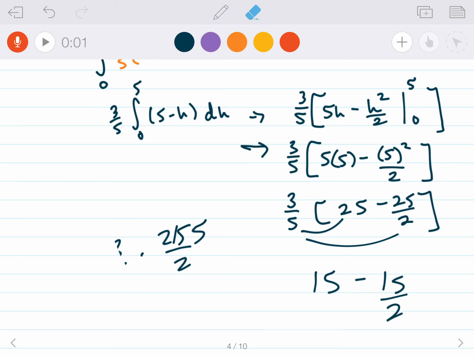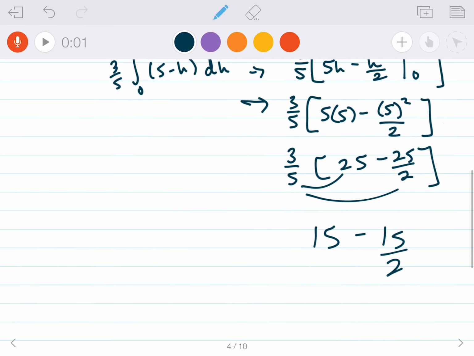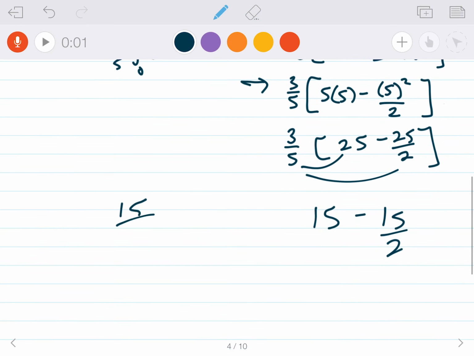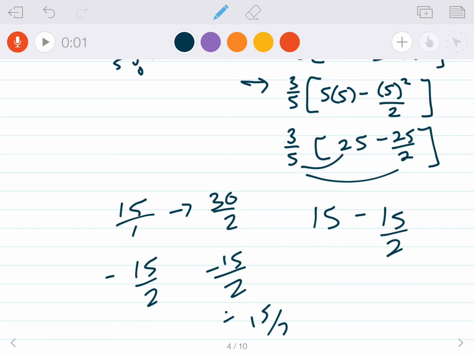So we have 15 minus 15 over 2. What is that going to give us? That's equivalent to 30 over 2 minus 15 over 2, and that's just 15 over 2. All right, so that is our answer here.